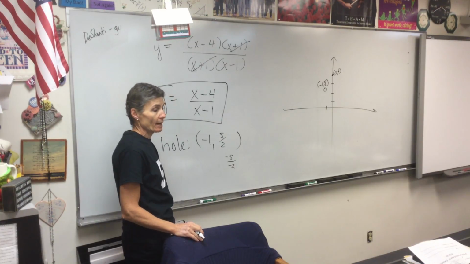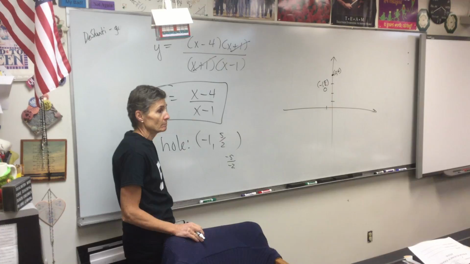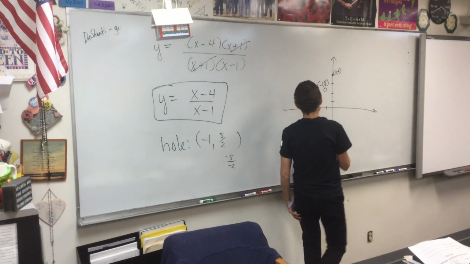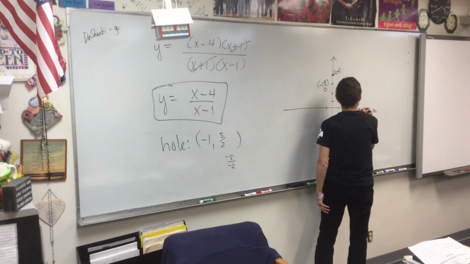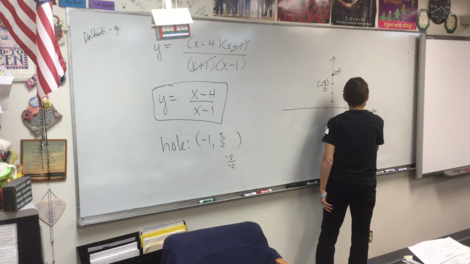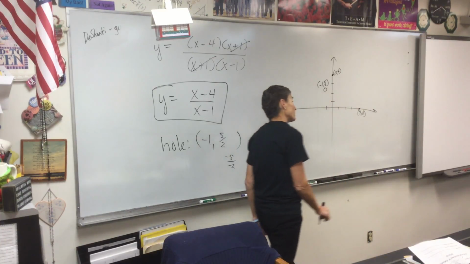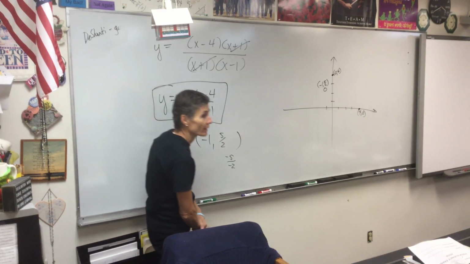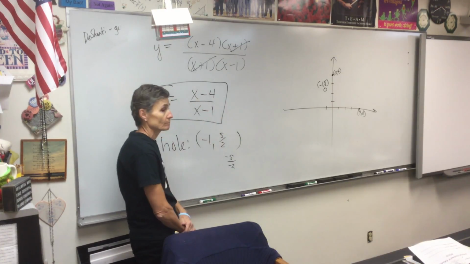Alright, what else do I have? X-intercept of -4. Actually, my x-intercept's at +4 also. I have an x-intercept at +4. My x-intercept comes from letting y be 0, but effectively I just solved the numerator. Horizontal asymptote 1.